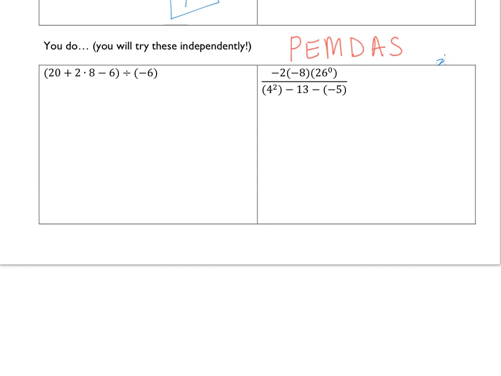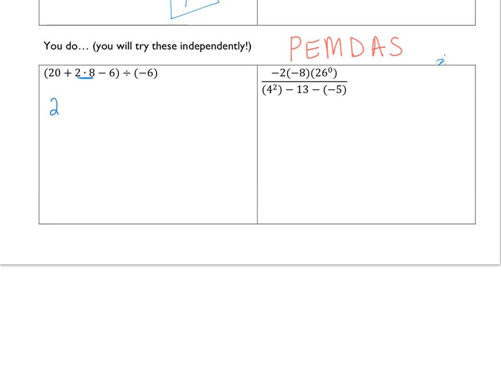Okay, so the first thing that I did is I went ahead and I put my acronym PEMDAS up here so that I could remember my order. And then let's go ahead and work the first one. So we have parentheses, and within these parentheses here, order of operations tells us to do multiplication.